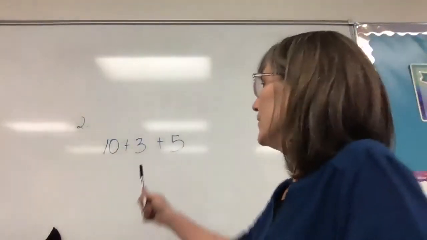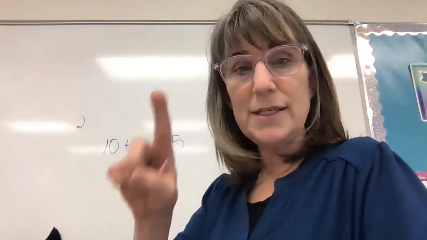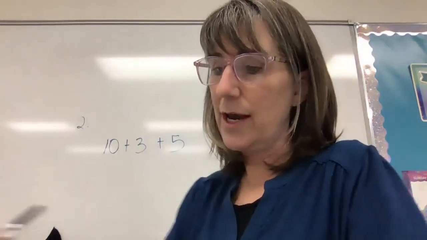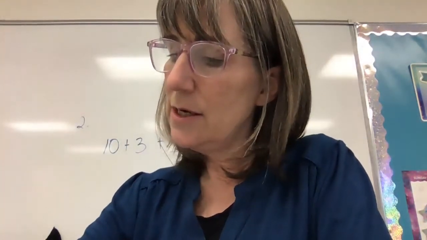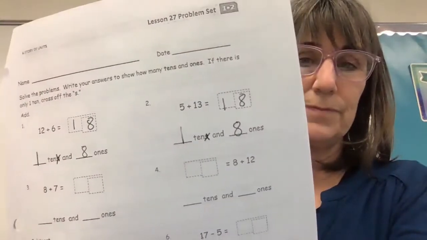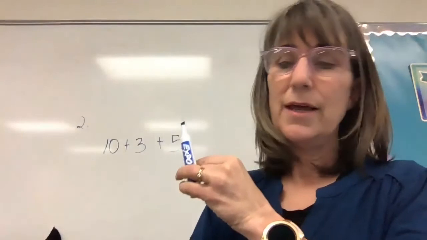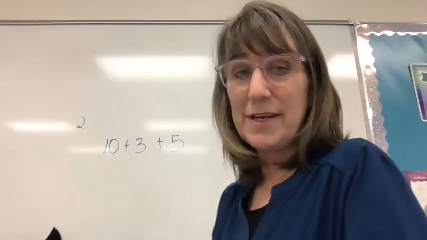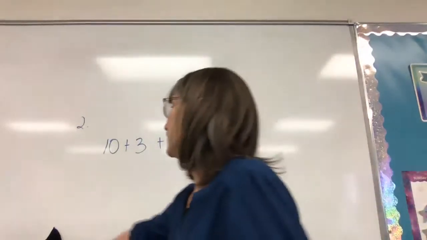And we have this equation 3 plus 5. 5, 6, 7, 8. So we know our answer is 8. So we have 1 ten, 8 ones, or 1 ten and 8 1s. The way we got the 8 1s was the 3 plus the 5, remember? 3 plus 5 equals 8.